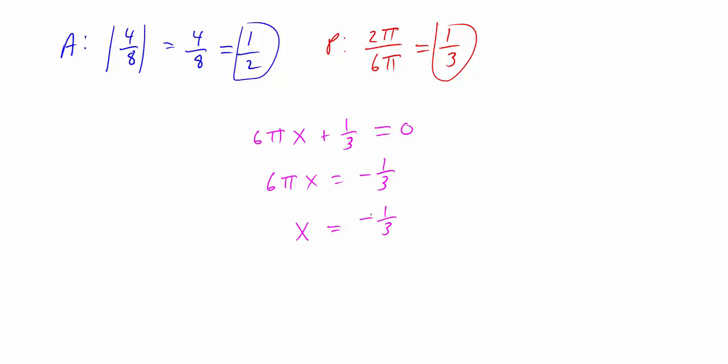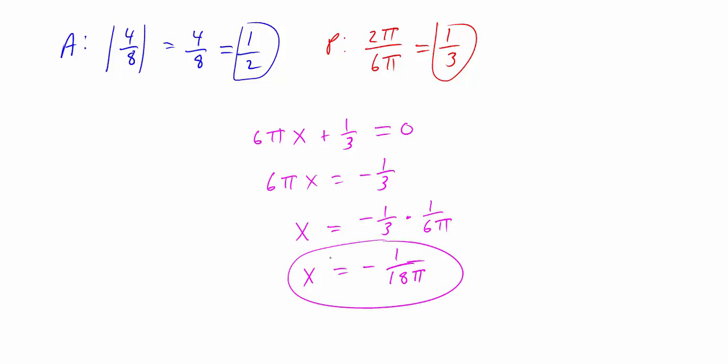The easy way is to think of multiplying by 1 over 6 pi. So x would be equal to negative 1 over 3 times 6, which is 18 pi. So here it's negative 1 over 18 pi. That would be the actual phase shift.